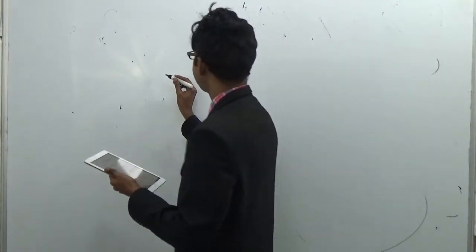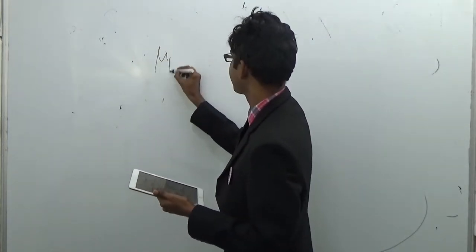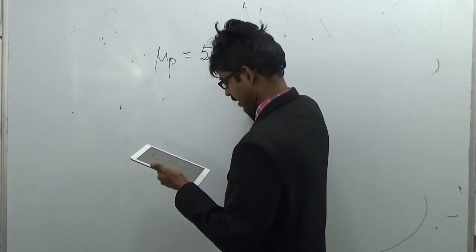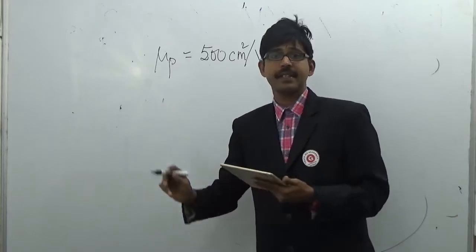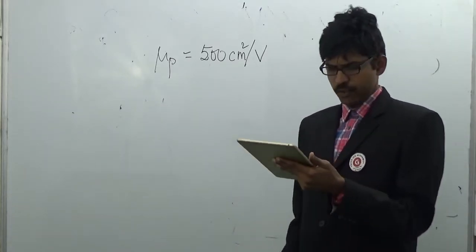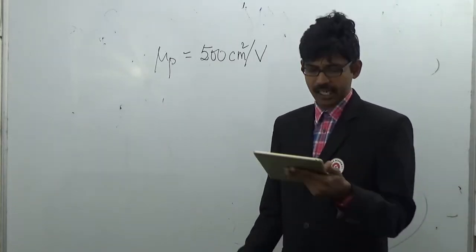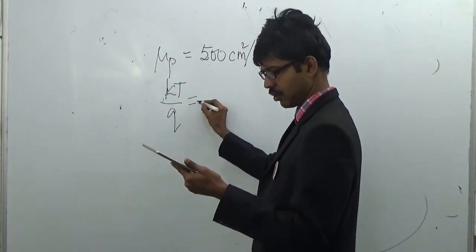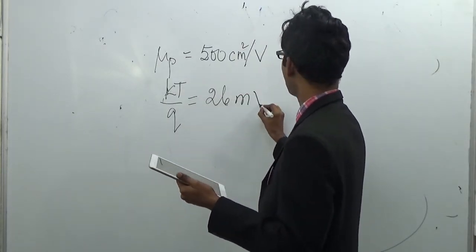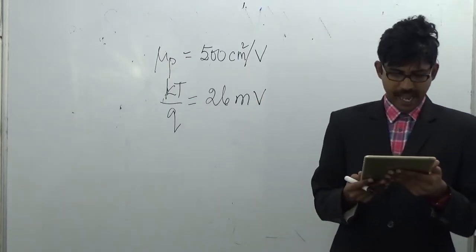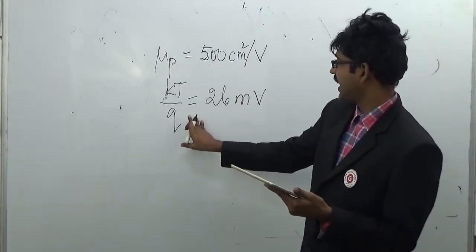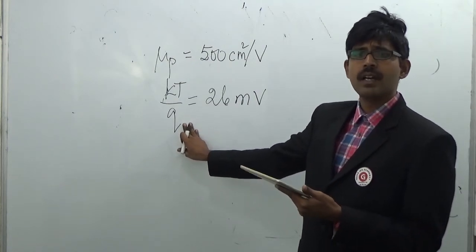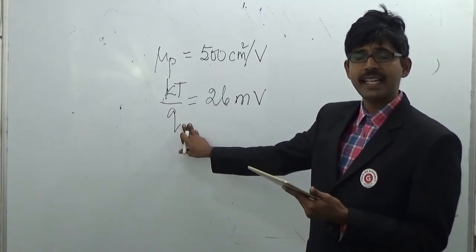So you are given the mobility of the hole, and you are also given the value of kT by Q. It is found to be 26 millivolts. Having given the mobility and kT by Q, what is the expression to define kT by Q?